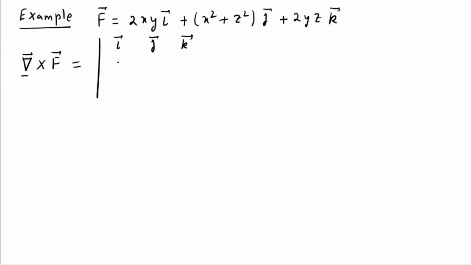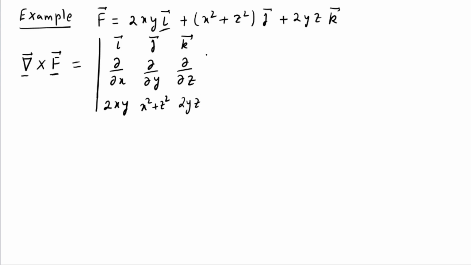Then we will write the del operator, dou by dou x, dou by dou y, dou by dou z. Then comes the vector field f: 2xy, x square plus z square, yz. Notice the coefficient of i goes in the i column. Coefficient of j goes in the j column. And the coefficient of k vector goes into the k column as shown.